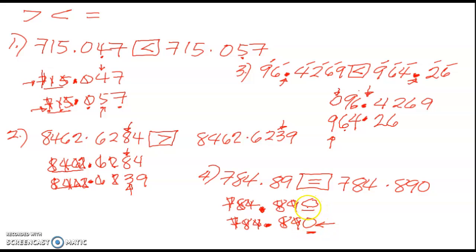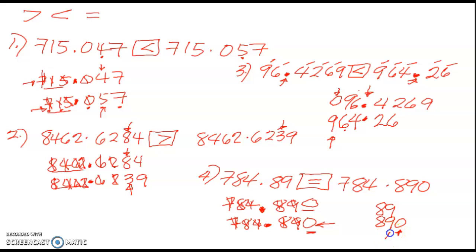If this has no 0, it is also equivalent to 0. So there is a difference between 890 and 89 if that is a whole number.